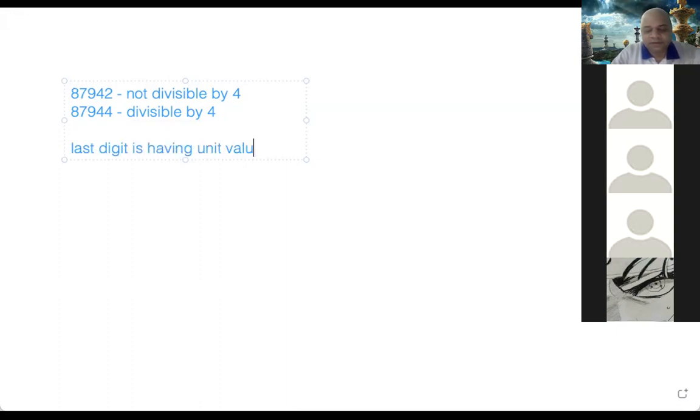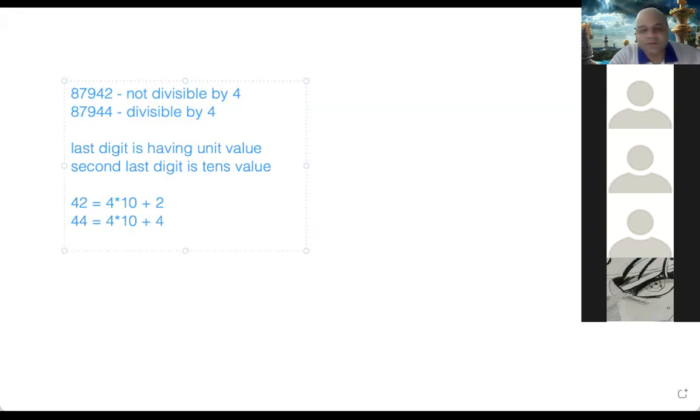The second last digit has the tens value. That is why 42 is actually equal to 4 into 10 plus 2. This is the decimal system. And 44 is equal to 4 into 10 plus 4. This is how we understand it.